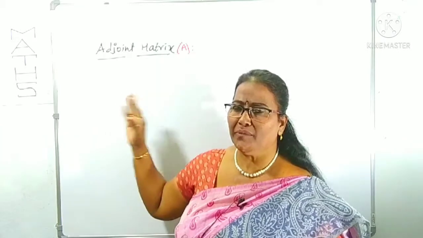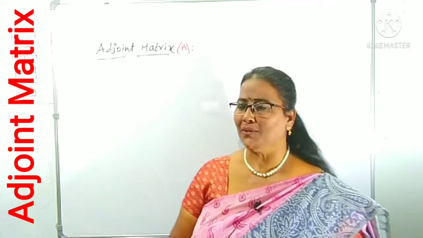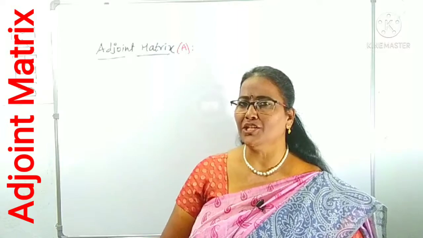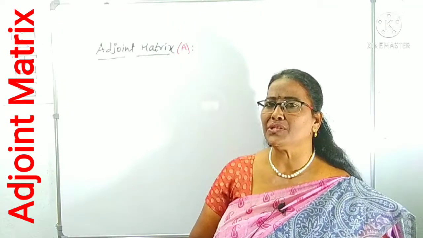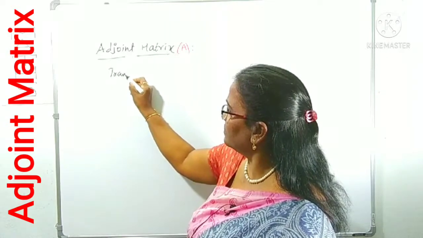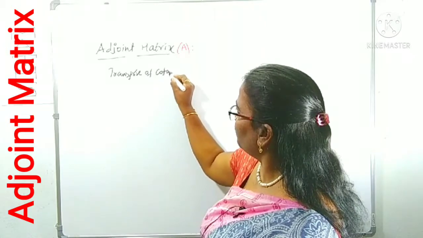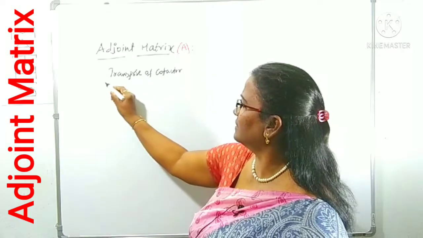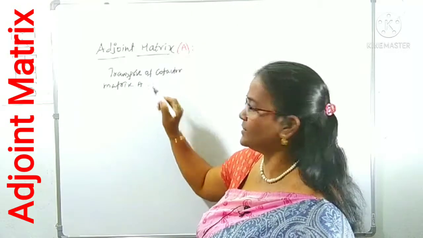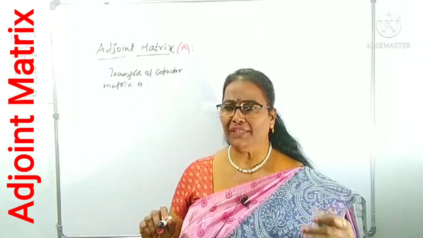Right. Now adjoint matrix A. What is adjoint matrix A? What is its symbol? You also have to know. Simply, suppose A is one of the matrices. Adjoint matrix A is nothing but the transpose of the cofactor matrix of A. What is that? Transpose of the cofactor matrix of A is called adjoint A. Means what I already said to you, how can you find the cofactor of each and every element?